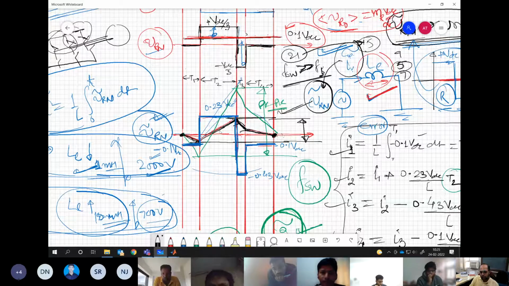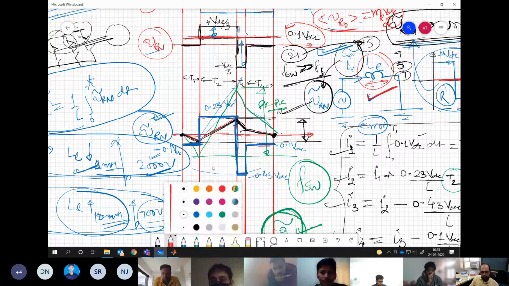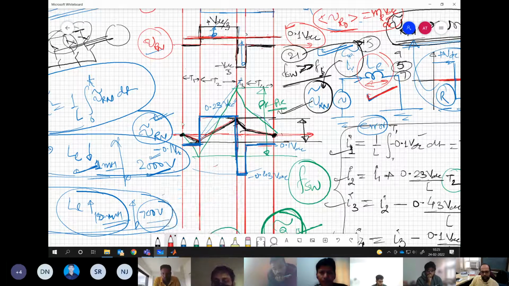So we need to adjust the waveform such that the DC value is removed. If I talk about pulse number 9, it may look like it is starting somewhere here, and then it can go like this. It will start and end at the same point, but the starting point and ending point may not be 0. Average value may be 0.